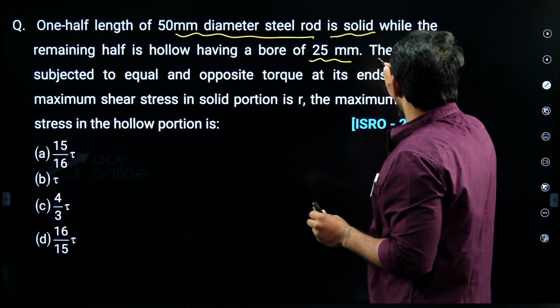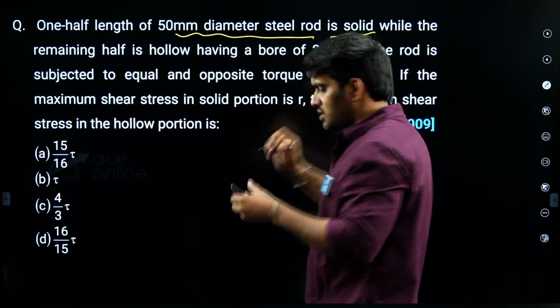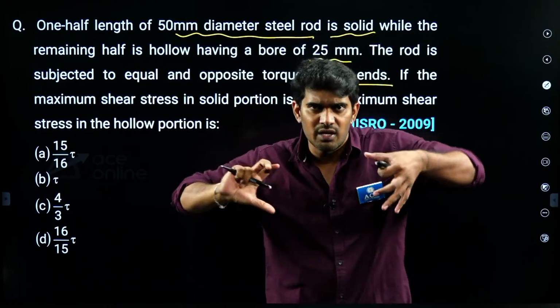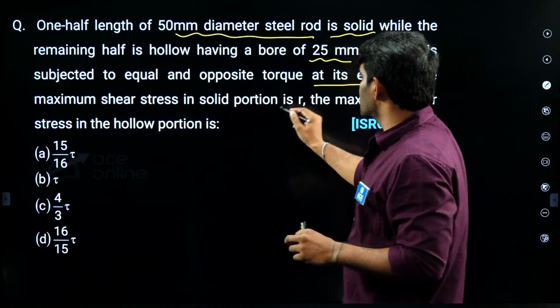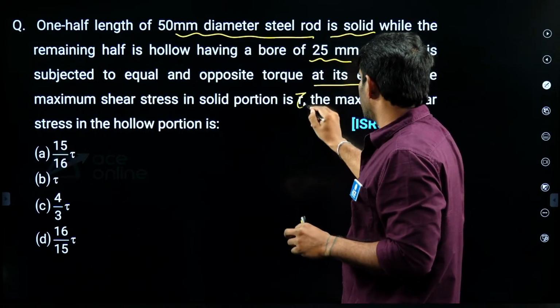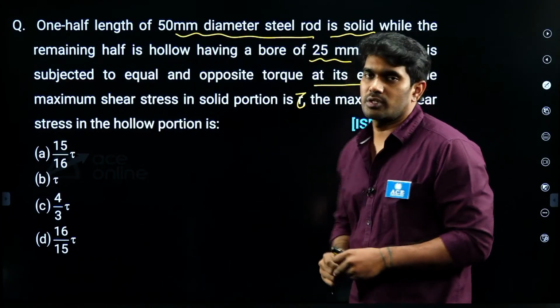The rod is subjected to equal and opposite torque at the ends. Yes, obviously, action and reaction. That's fine. If the maximum shear stress in the solid portion is tau, the maximum shear stress in the hollow portion is?